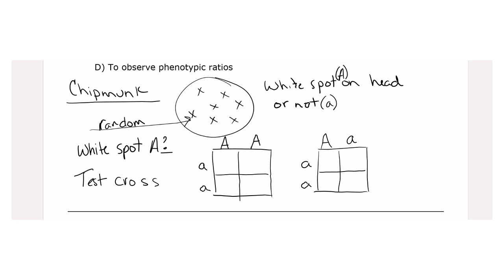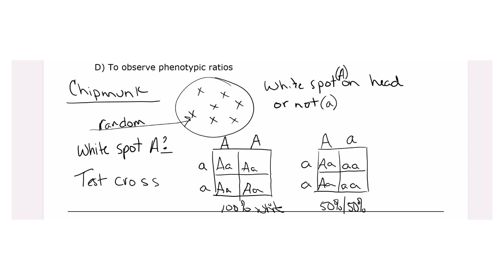Okay, I don't know the gestational period on a chipmunk, so we'll pretend it's super quick. Okay, so we do our cross, right? We do this one, and we get this scenario, okay? So what do we know about the first test cross that we did, the probability of? 100% of the offspring will be what? Yeah, and we'll have that white spot, okay? Here we have a 50-50 chance, right?